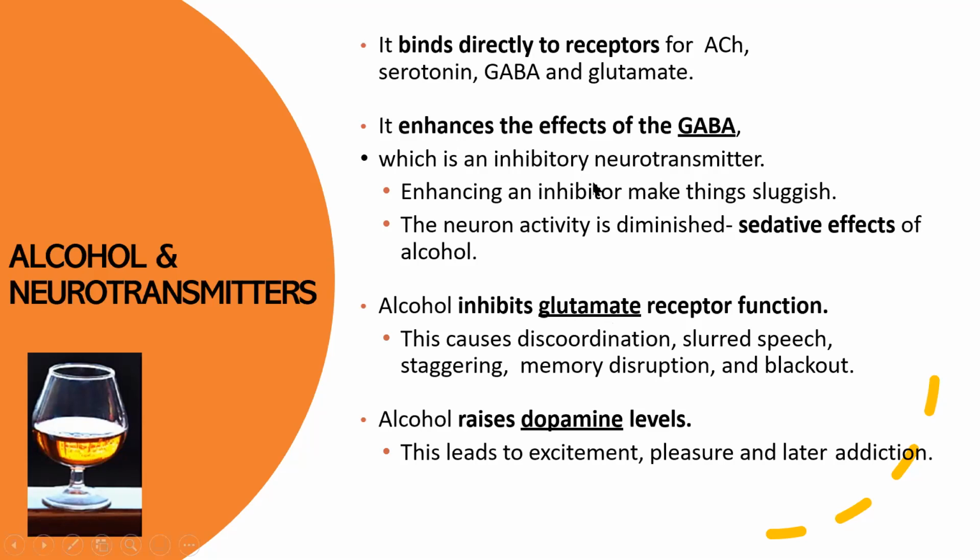So at the same time, while you are sluggish, you're also quite excited, and it's a pleasurable experience while you're not coordinated and you're just talking gibberish. All of these three neurotransmitters are elevated, and as a result the effect of alcohol is directly on the neurotransmitters. Sorry, I misspoke, not hormones, neurotransmitters.